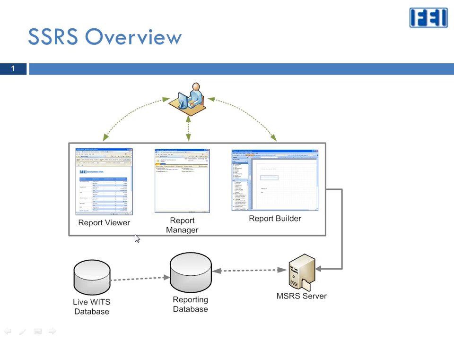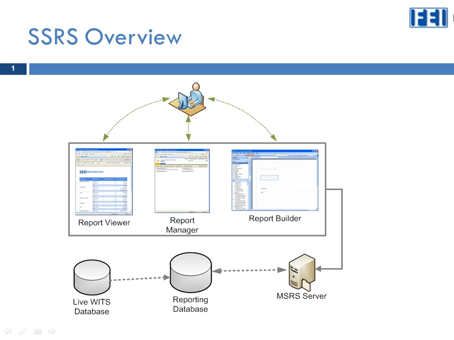The report manager is also a web-based administrative component that gives the user the ability to control how the reports are organized and distributed, and there could be some authorization levels in there as well. The report builder is also a web-based component of SSRS, and it gives the ability to build reports with ease and convenience. I will show you that.